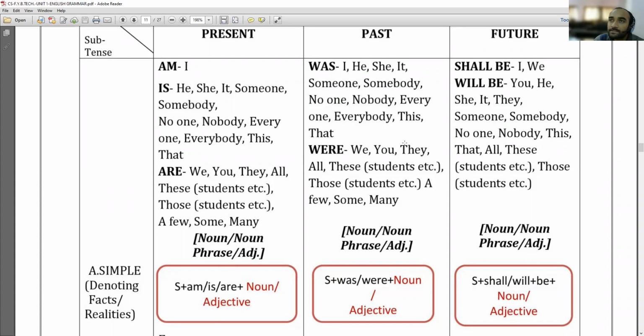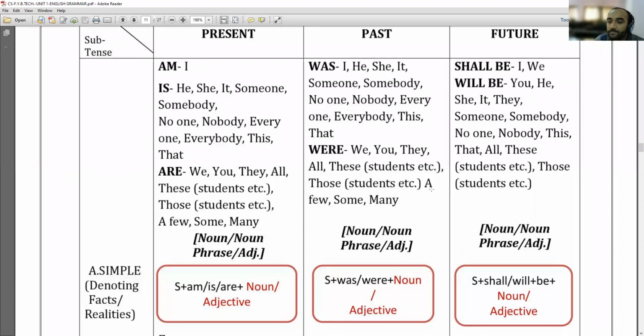So one of the sentences I can tell you, if I'm talking about myself, I shall be, if it means in future I want to become a chief minister or I want to become an industrialist. Okay, so I will say that I shall be a chief minister.